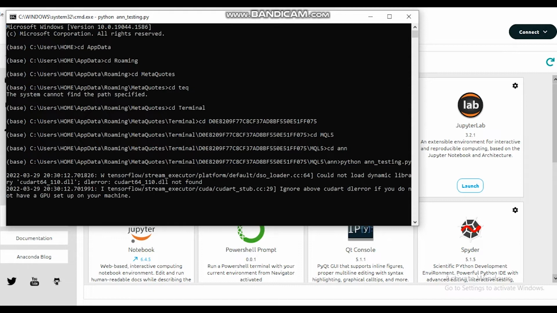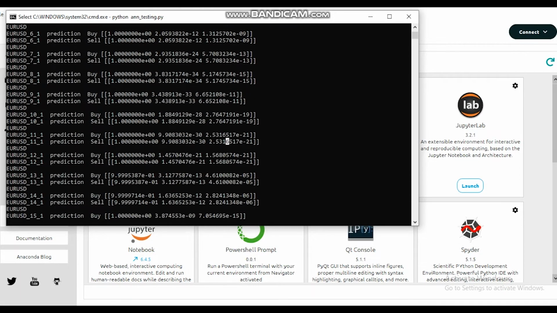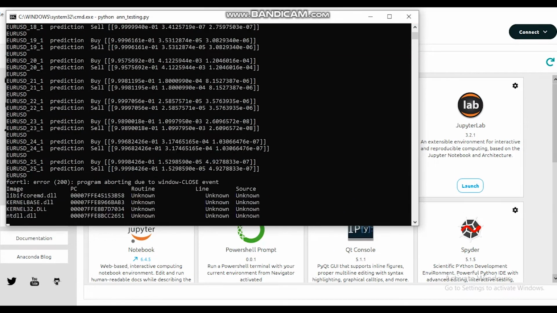But if I was to do that, it runs the Python file, and it is then going to start making predictions for each point. So as I mentioned, I've already done this. I'm not going to do it again. Let's close that.